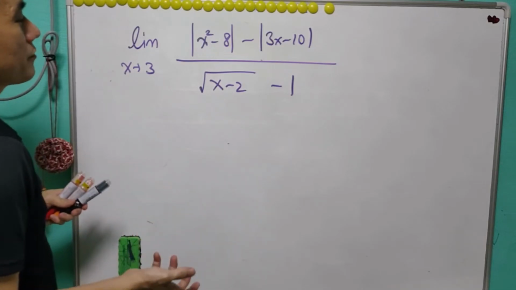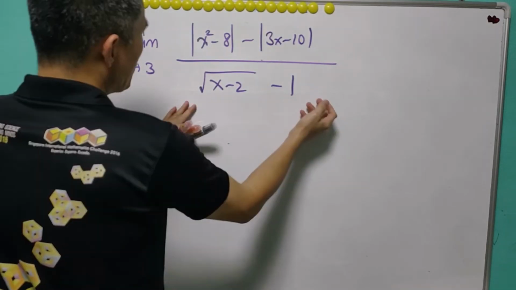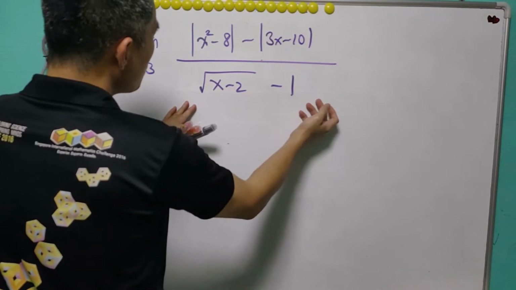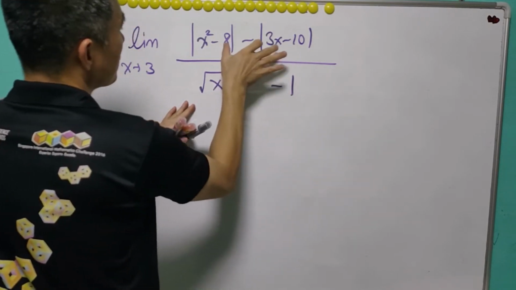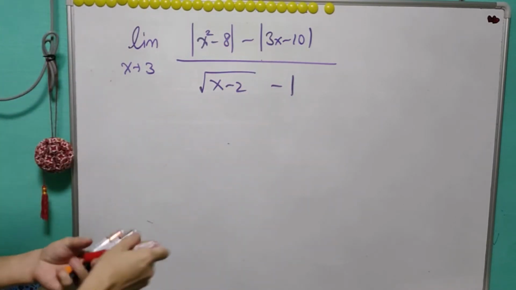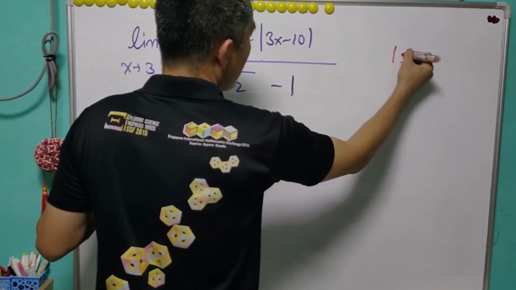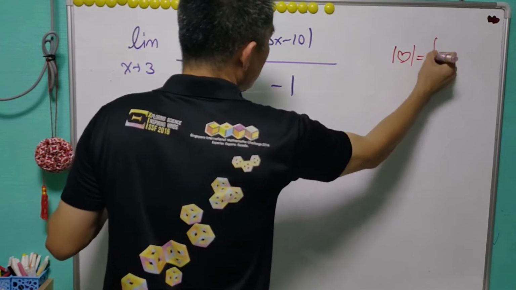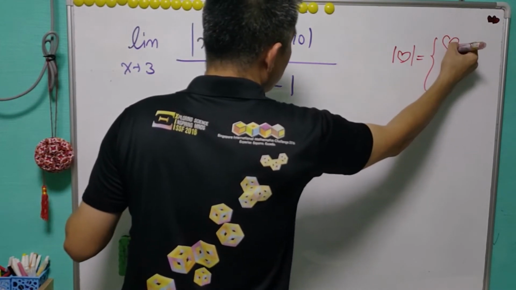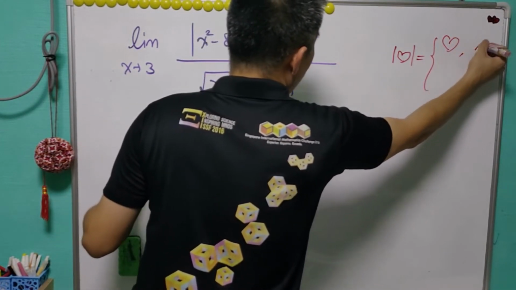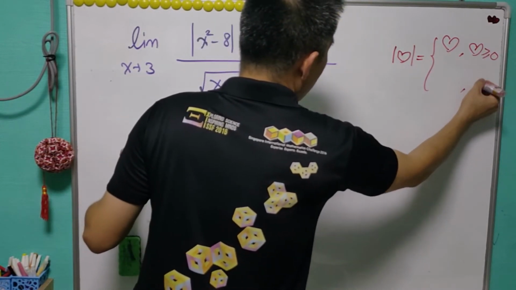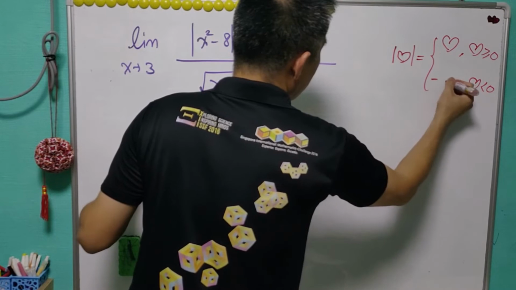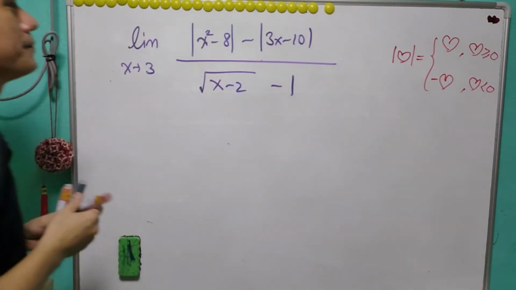Using the technique from the first question, we know that we need to consider conjugate for the denominator. How about the numerator? Now note that absolute value of any number that you like will equal exactly the same value, same expression, when this is greater than or equal to 0. And if this is less than 0, it will be a negative of itself.